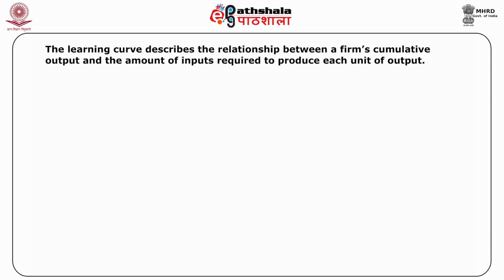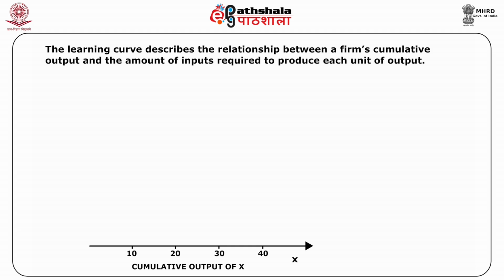The firm learns to produce at lower cost as cumulative output increases. Thus, the learning curve describes the relationship between a firm's cumulative output and the amount of inputs required to produce each unit of output. The x-axis measures the cumulative output of x.